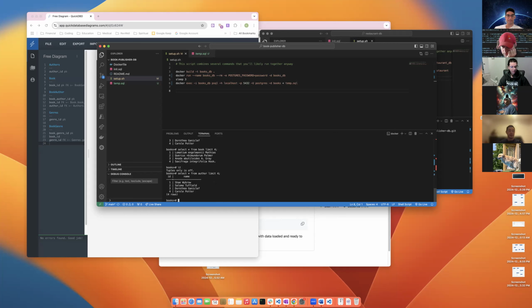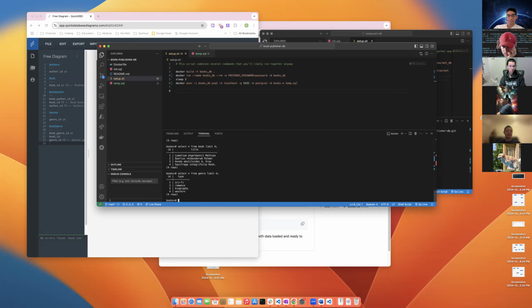All right, so author has ID and name. Let's do the same thing for the other tables as well. Book only has a title in it. That's good to know. What were the other columns? Genre? Yep, I think it was genre.